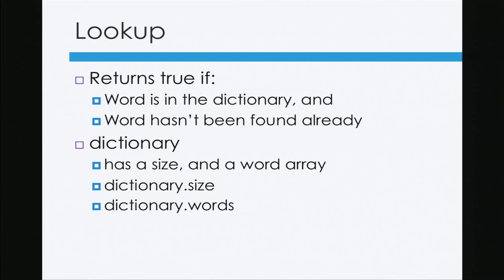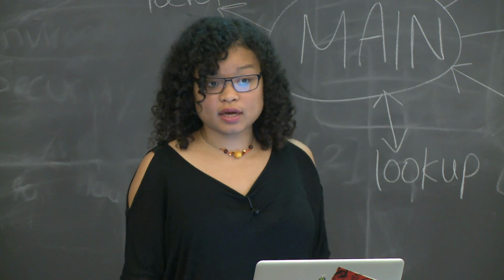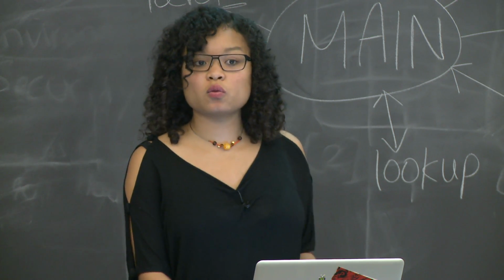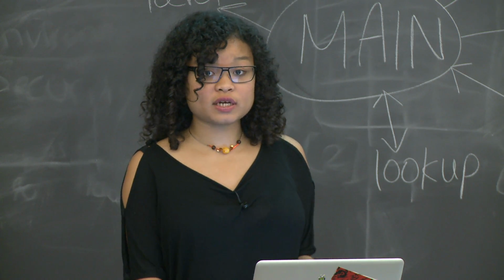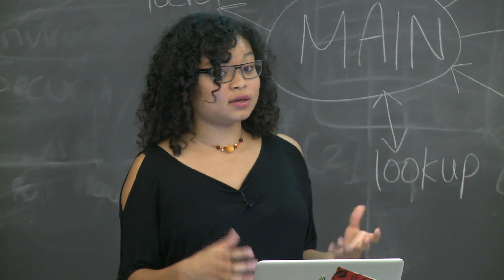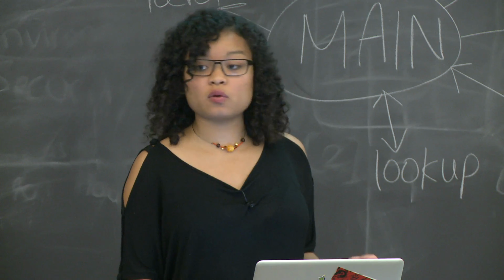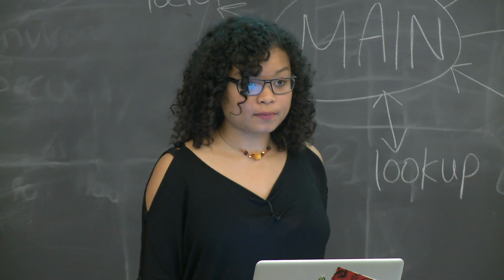So dictionary.size represents the size of the dictionary. Similarly, dictionary.words represents the array. If you wanted to access a certain word within the dictionary, you would have to add an index, right? Because you would say dictionary.words at index i, and then do something based on that.